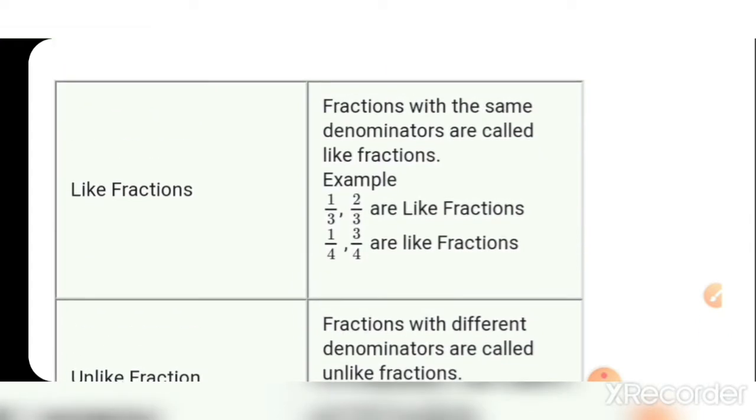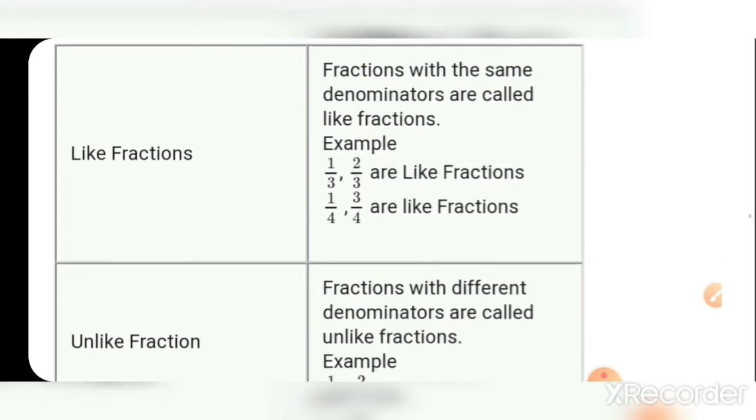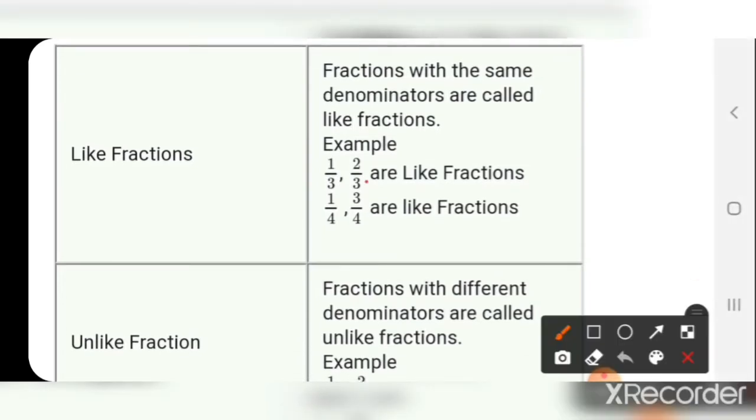Look, here are the examples of like fractions and unlike fractions. Here the denominator is the same, 3. These are like fractions. Here the denominator is 4 in both the fractions, so they are like fractions.